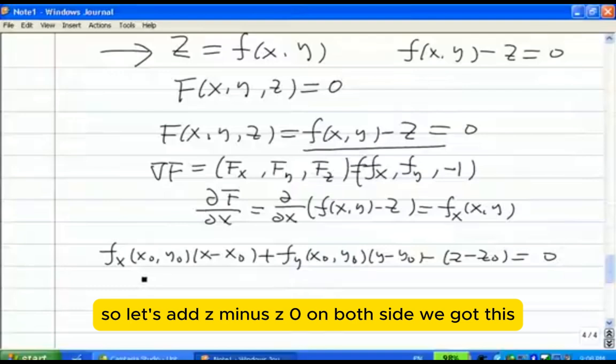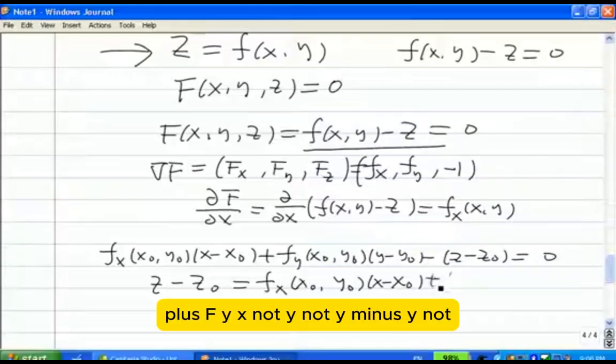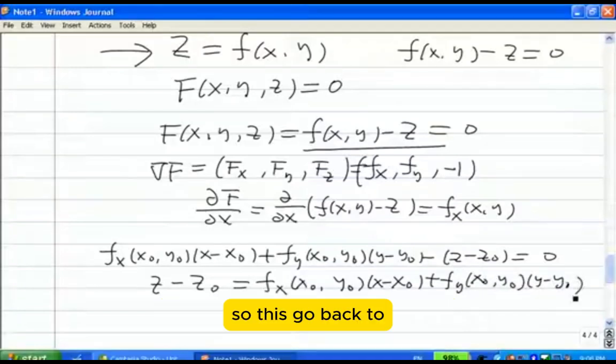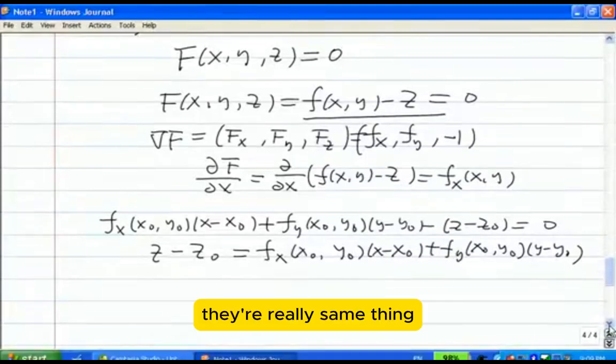So let's add z minus z0 on both sides. We get this, plus fy(x0, y0) times (y minus y0). So this goes back to what we had before for the equation of the tangent plane. They're really the same thing.